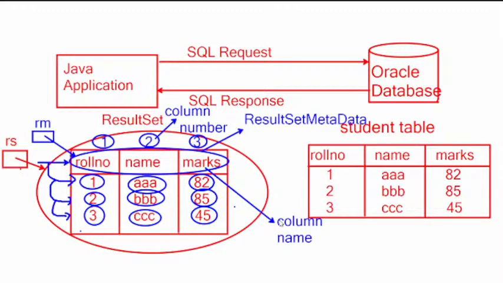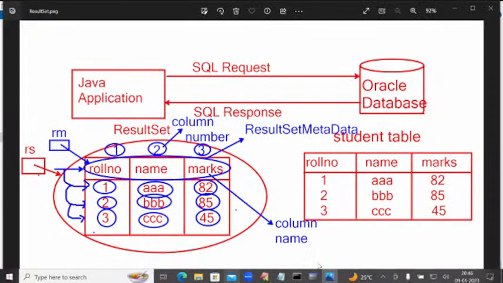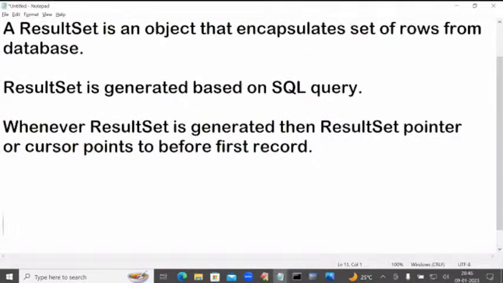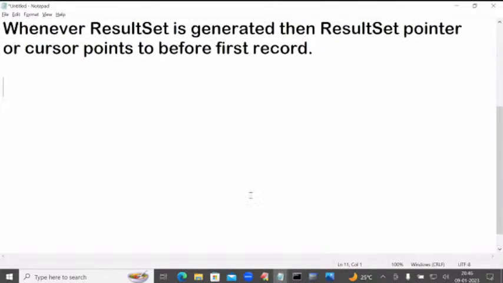Okay. Is it over? Say, 3 programs you studied with the Statement interface. Say the first program, we wrote one SQL query in the Statement interface. What did we write? Create table, table name.